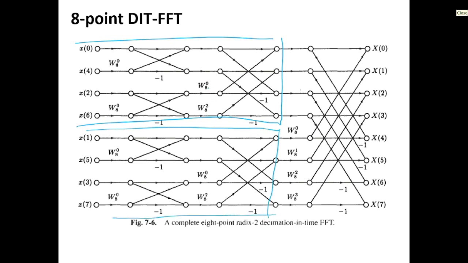So W08 and W28 are they, and W04 and W14, are they same or not? W28 is equal to W14. Why? Because we were having NK divided by capital N. NK is 2, 2 by 8 is equal to 1 by 4.